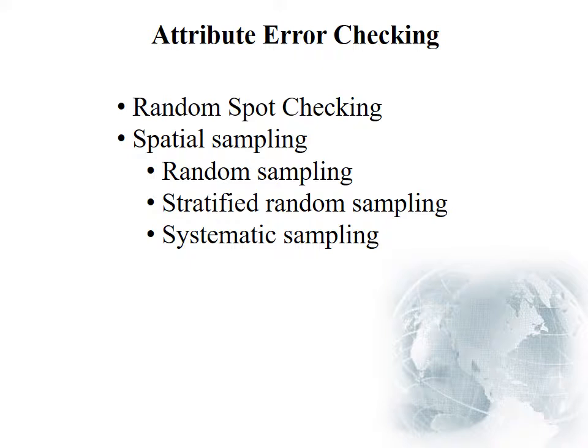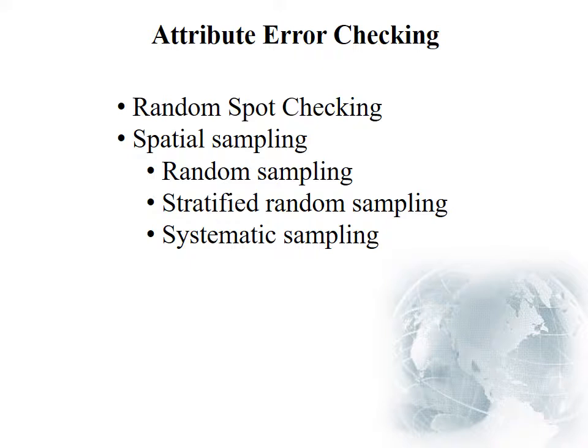One of the things you can do is a simple random location, spot checking things on the map, just randomly generating numbers or throwing darts at a map or something like that to say, let's check these locations to see, are they accurate or not. And that is not a very high level of validity in checking work. So there are other methods that we can use that are a little bit more rigorous.